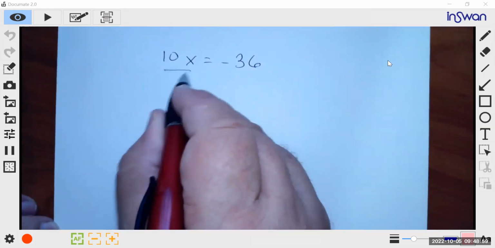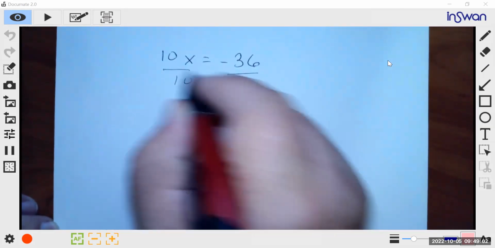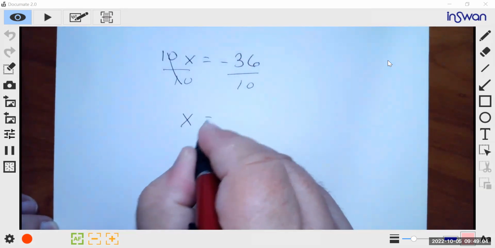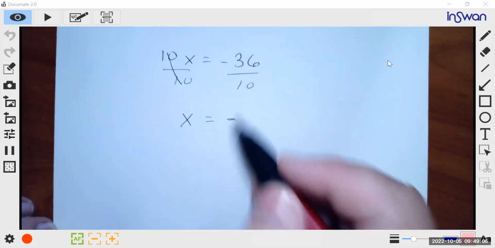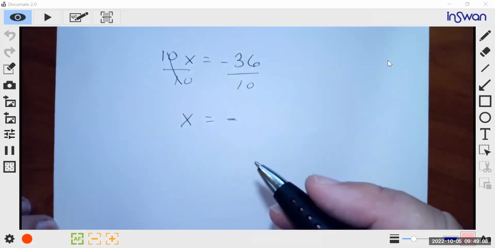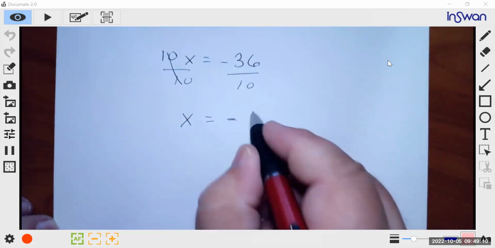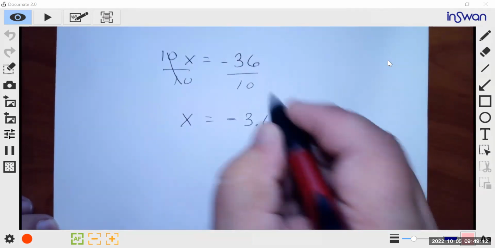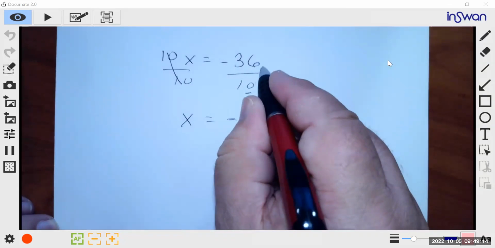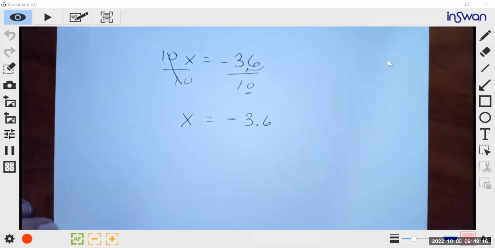That should be negative. So 36 divided by 10 is what? 3.6. Because it's dividing by 10. So you move the decimal place 1 to the left.